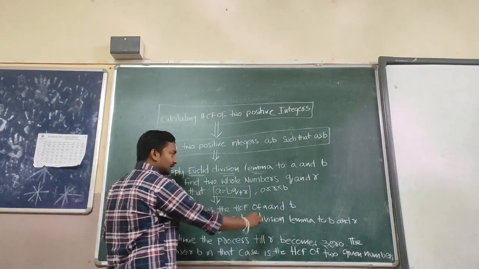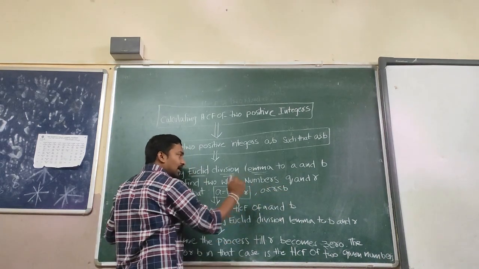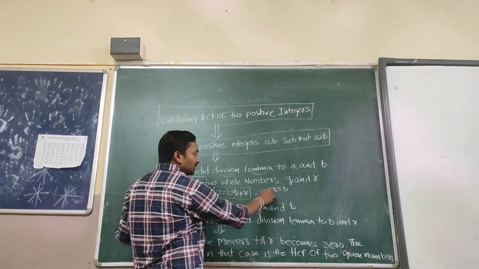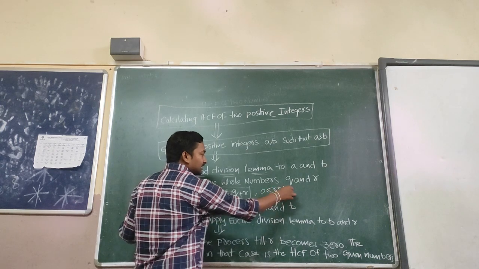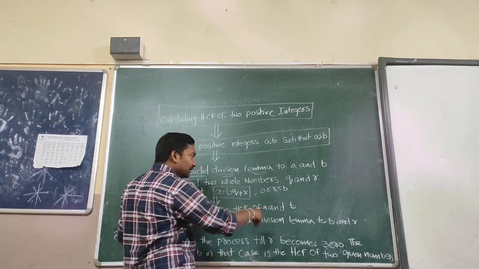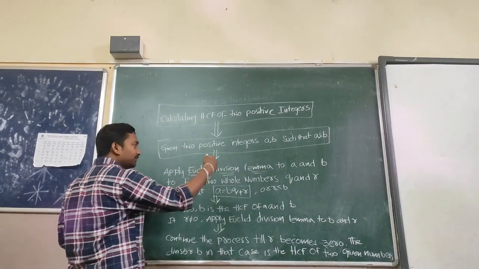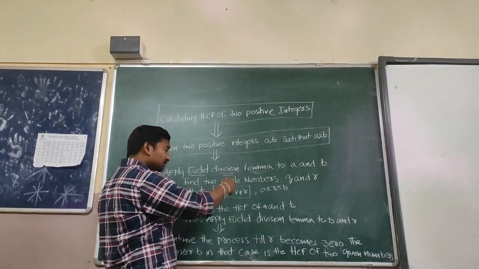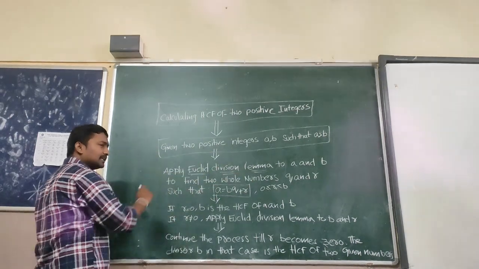Here 0 is less than or equal to R, and R is less than B. So the remainder R should be less than B, the divisor.